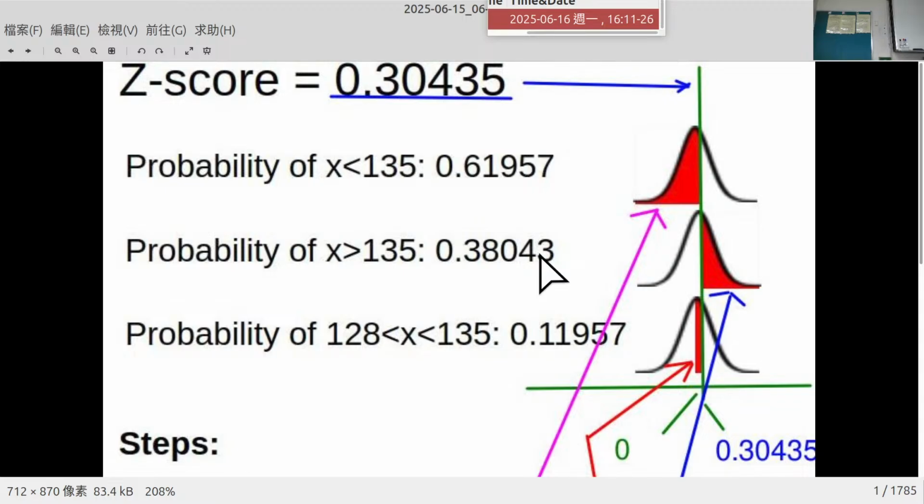Where is the location? 135 is here, very close to the mean but not the mean, on the right side, because the mean is 128 millimeters of mercury. Now let me have one more explanation.